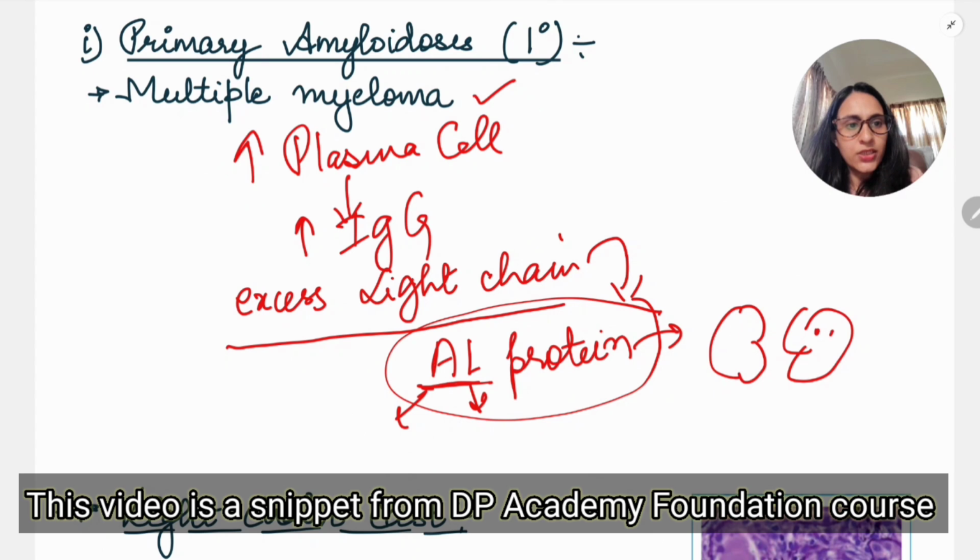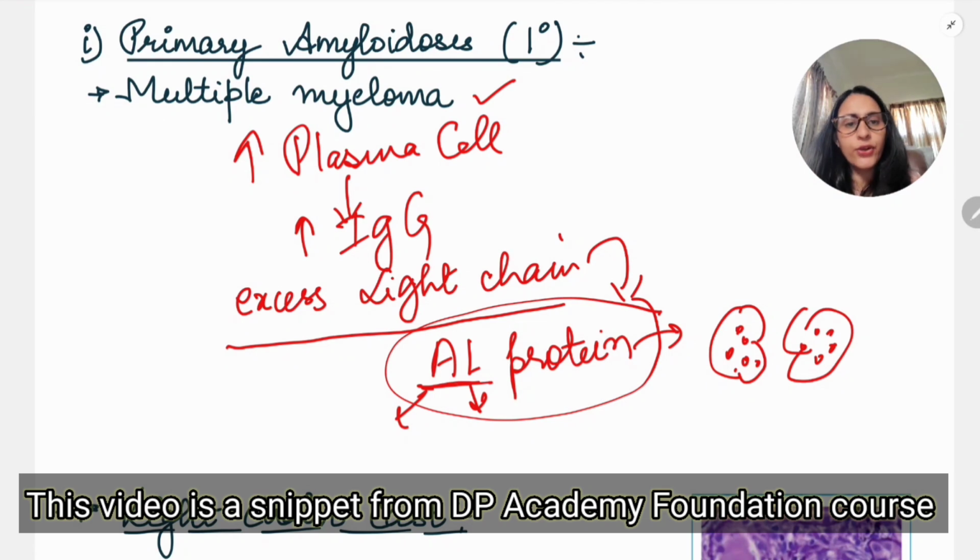When it gets deposited in the kidneys, we call this condition myeloma kidney, because multiple myeloma, when it affects the kidney, is known as myeloma kidney. This excess of AL protein is also going to be excreted in the urine, because a lot of protein will not be absorbed.